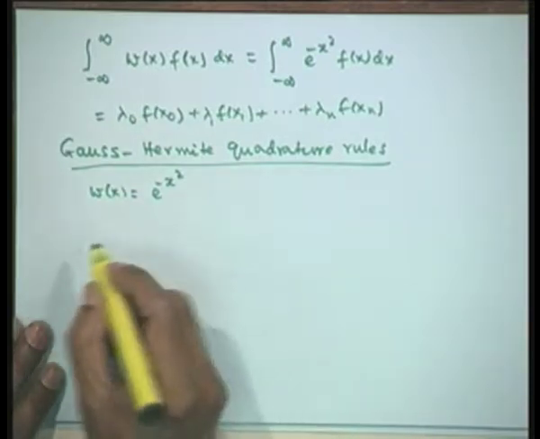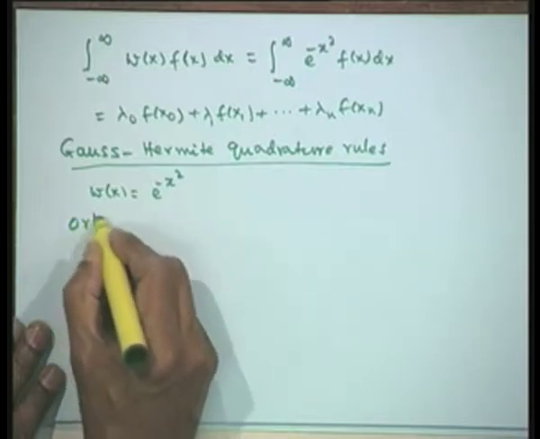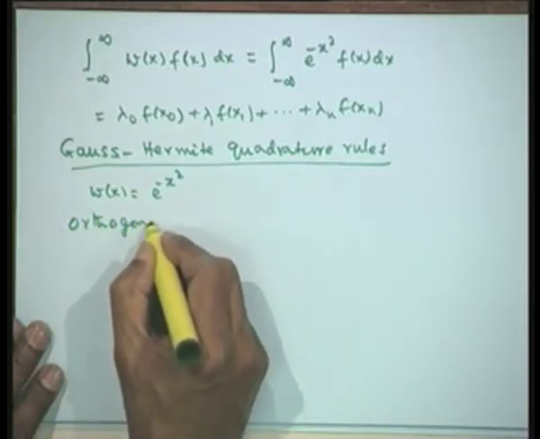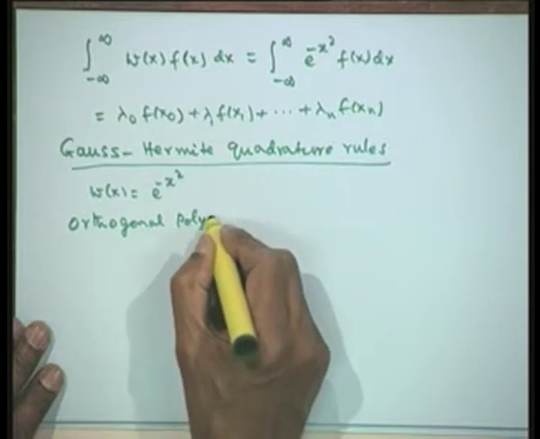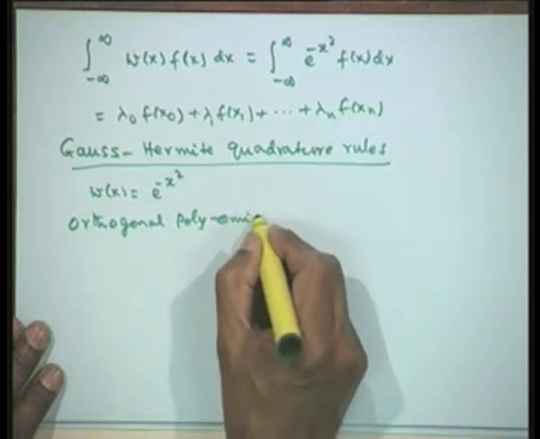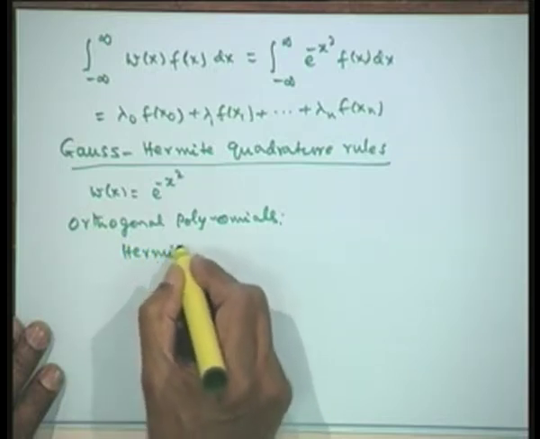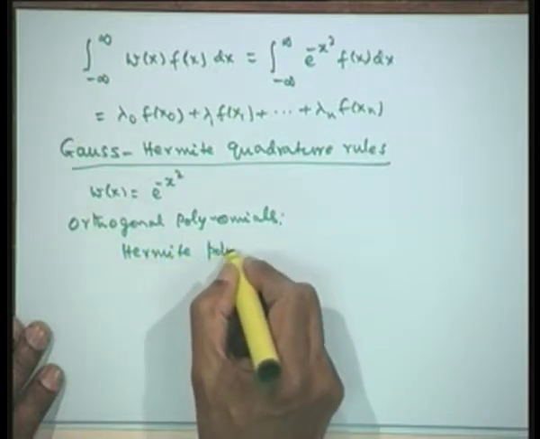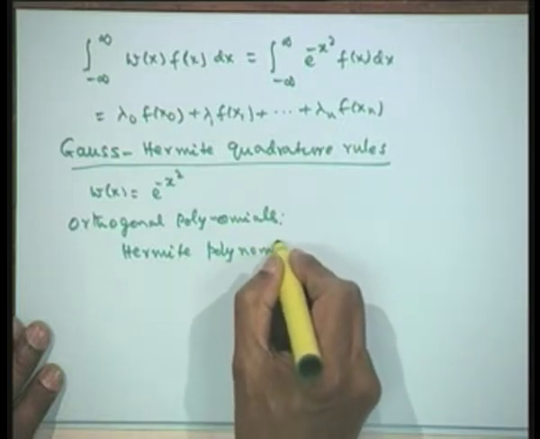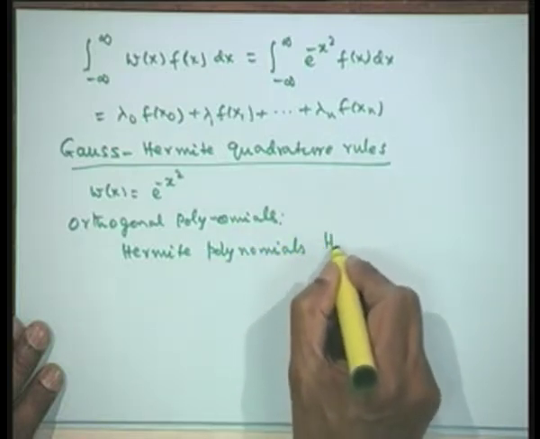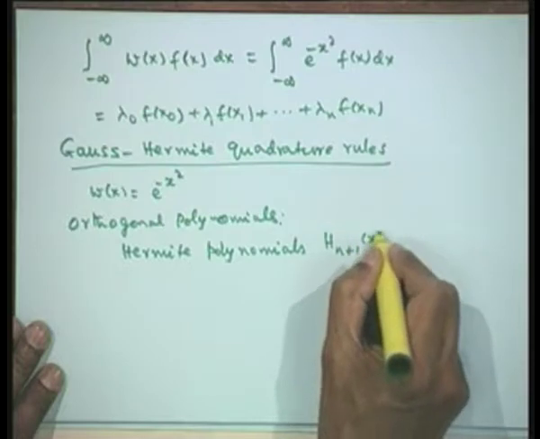The orthogonal polynomials here are the Hermite polynomials, which are denoted by h n plus 1 x.